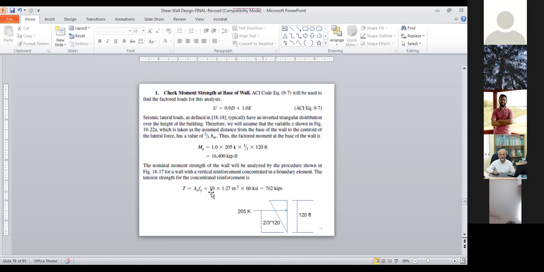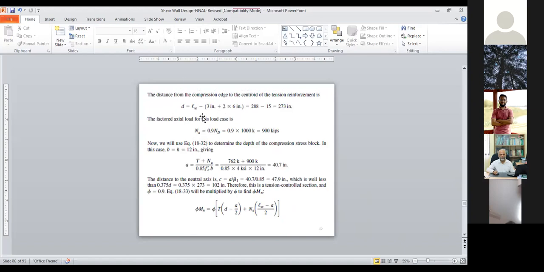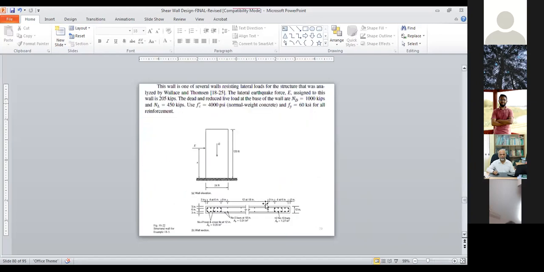So that is the total tension coming from the tension zone reinforcement in the boundary element you provided in the tension zone. Then you calculate the D. What is D? D equal to LW. If you come here, you deduct here 3 and you come to the center like that.